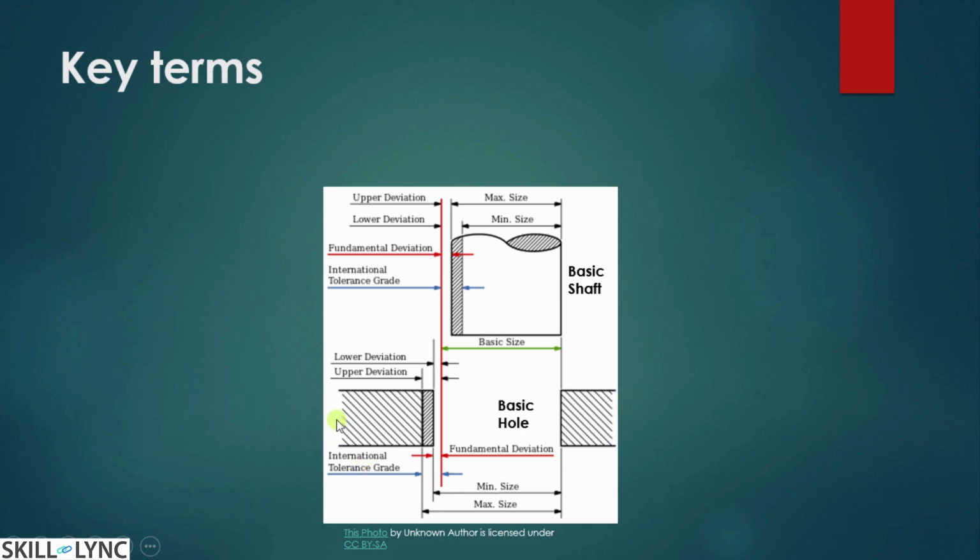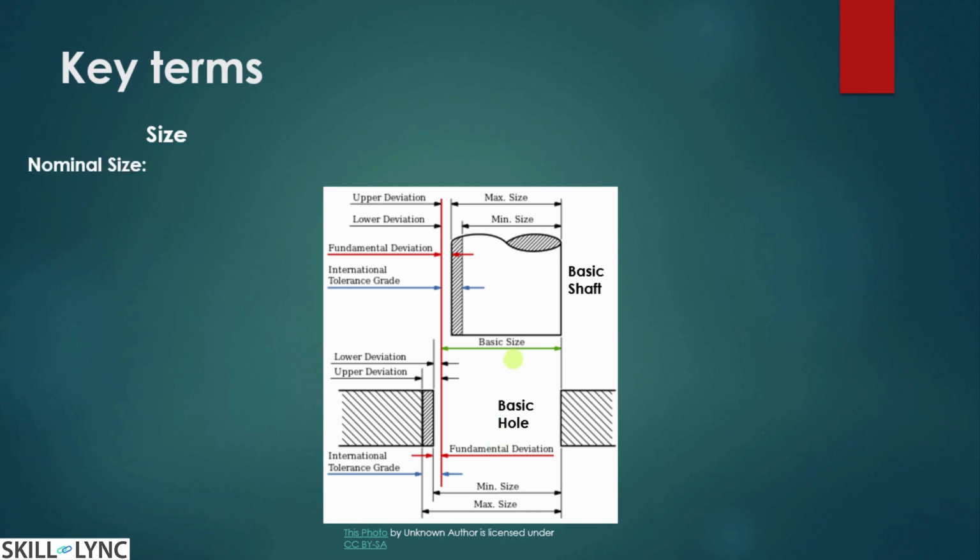These two are interacting or interfacing elements. Based on this, several dimensions have been defined. Let's look into them one by one. The first thing is the size of the shaft or the size of the hole. What are the various techniques or terms used in the definition of this size?